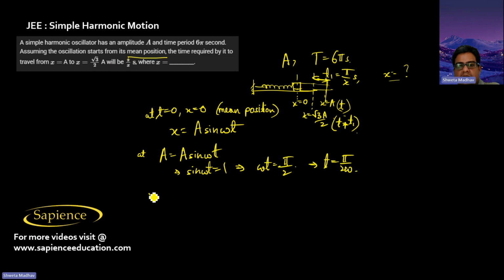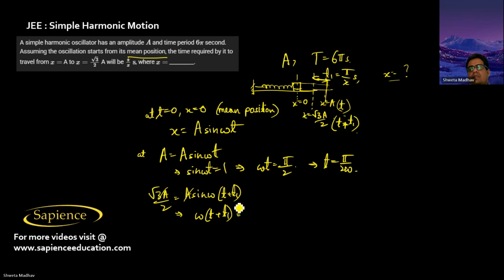And I can say root 3a by 2 is equal to a sine omega into t plus t1. A will cancel. So now I can say sine of omega into t plus t1 is nothing but root 3 by 2. So if sine theta is root 3 by 2, then theta should be 60 degrees.